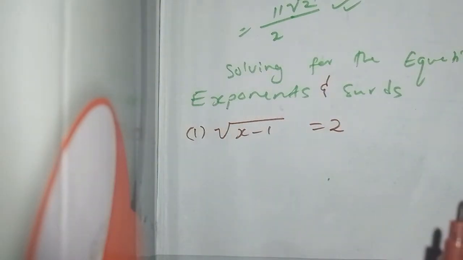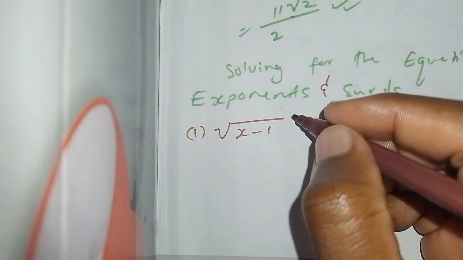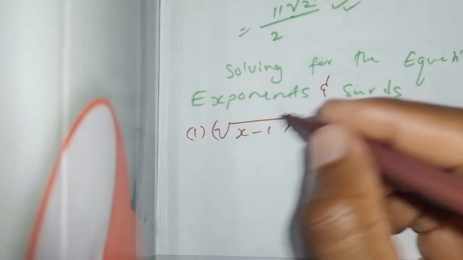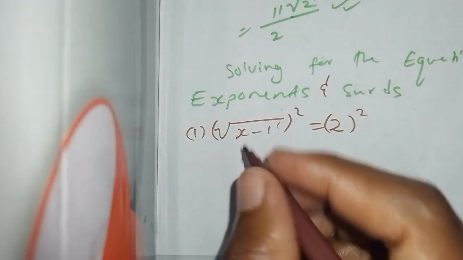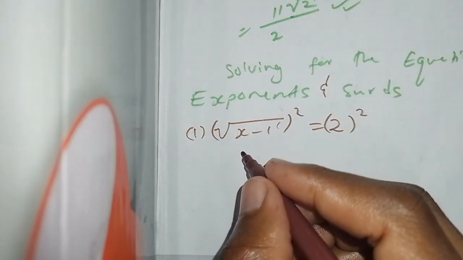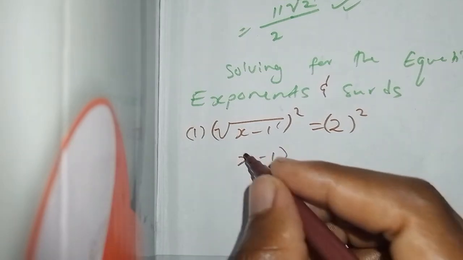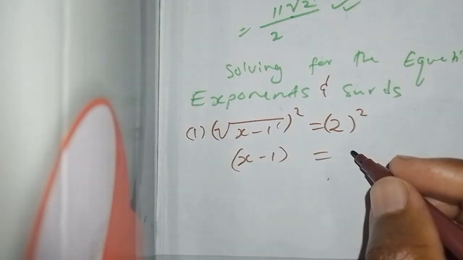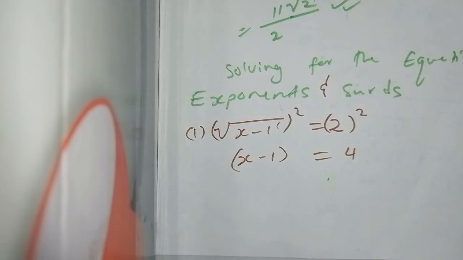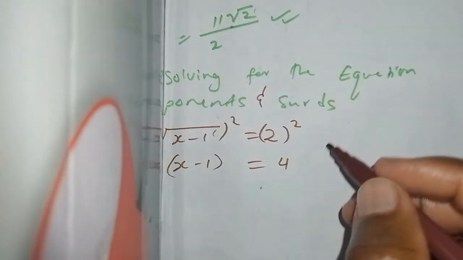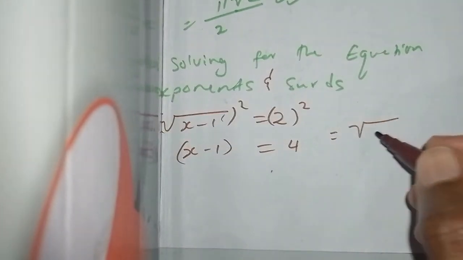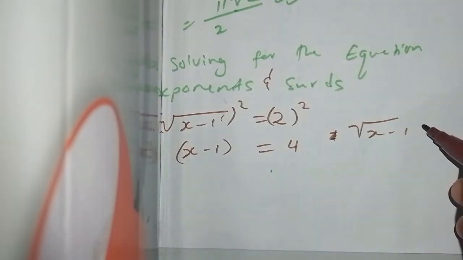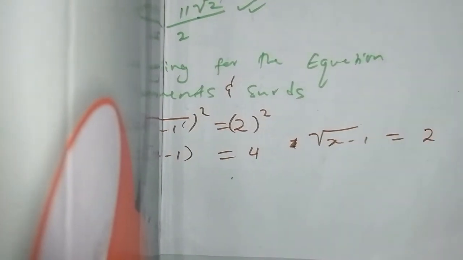And how can you remove the square root? You introduce the square, like this. Then this will be removed. You'll be having x minus 1 equals 4. Let me show you why this will be removed. We have the square root of x minus 1 equals 2.